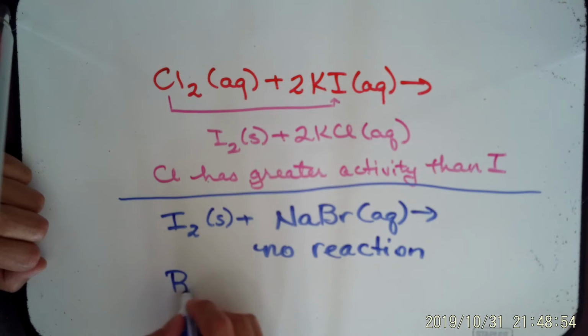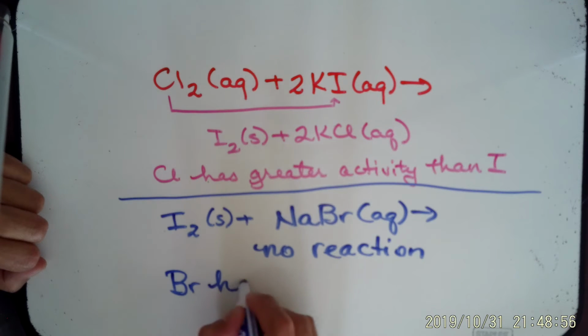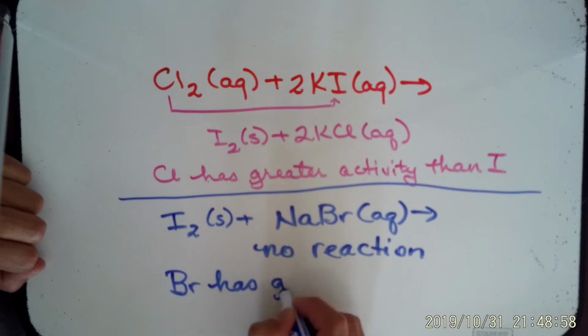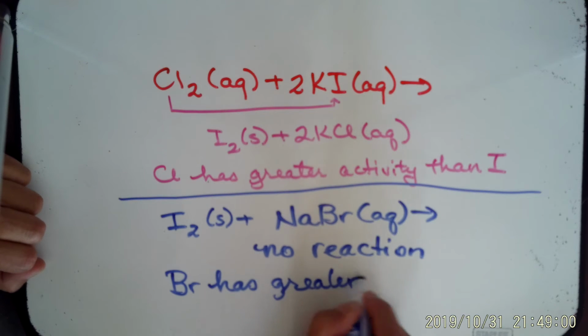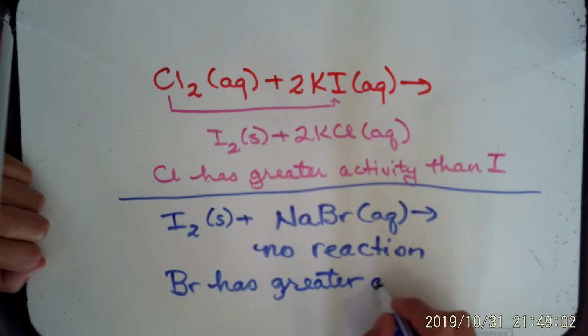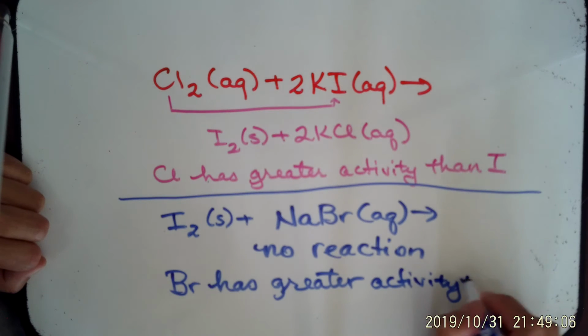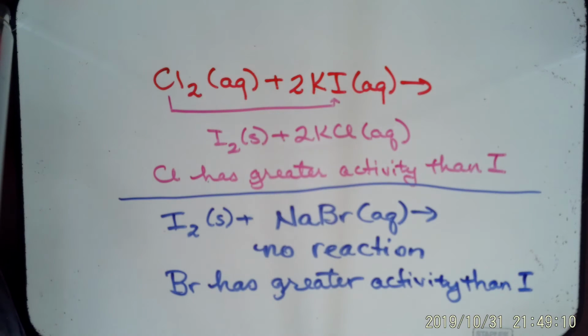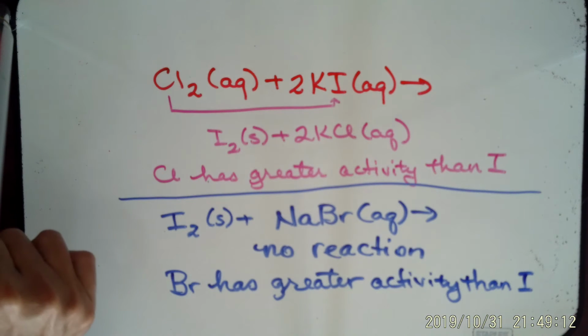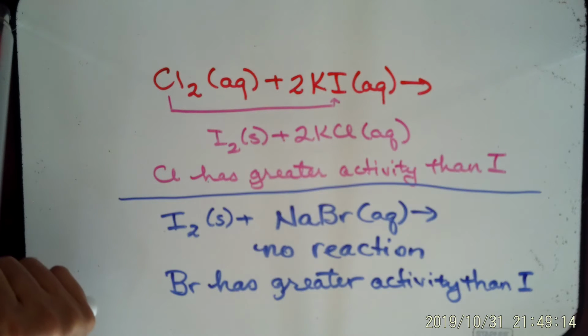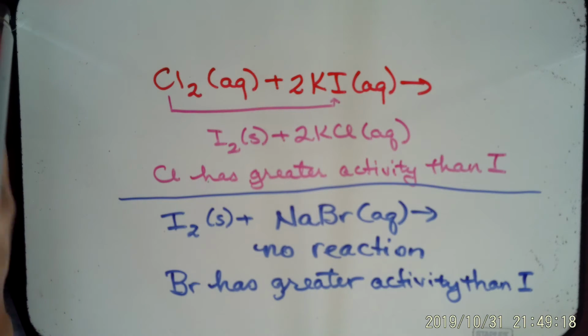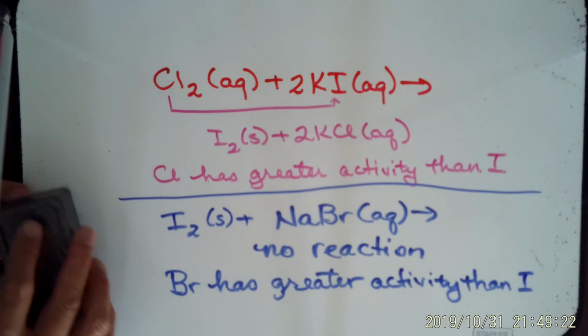This will tell us that bromine has greater activity than iodine. Okay? So that's how we develop our activity series, so we know which halogen is more reactive than the others. Okay, so those are your single displacement type of reactions.